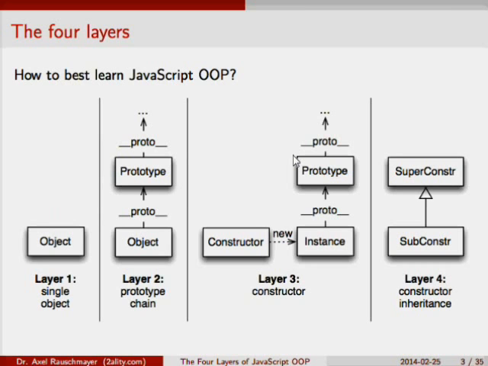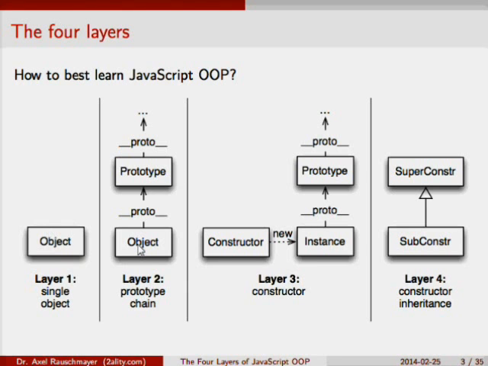And I think the best way to understand it is to learn it incrementally. Each of those increments I present today, I call a layer. Each layer only depends on prior layers, so it allows you to learn everything step by step. The first layer is a single object, and most of you have used single objects.